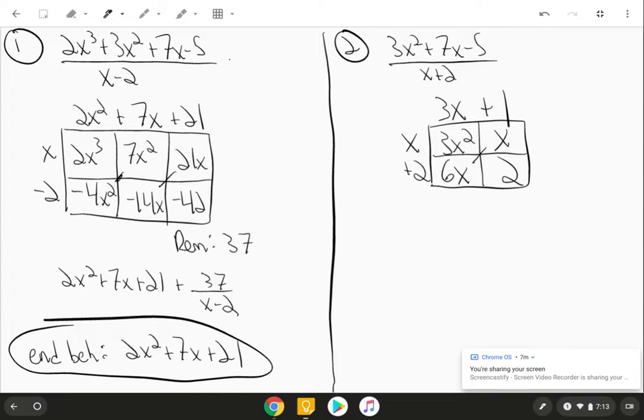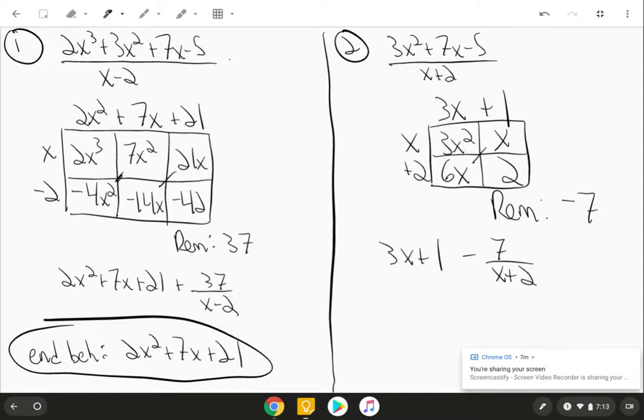Obviously we have a remainder here. My constant term I got was 2. The constant term I need is negative 5. To go from 2 to negative 5, I need to go down by 7. So my remainder is negative 7, which makes my answer 3x plus 1 minus 7 over x plus 2.